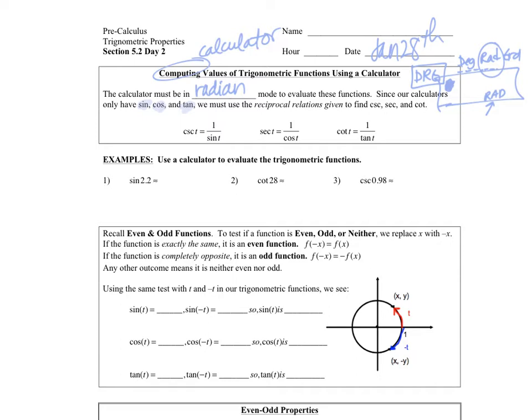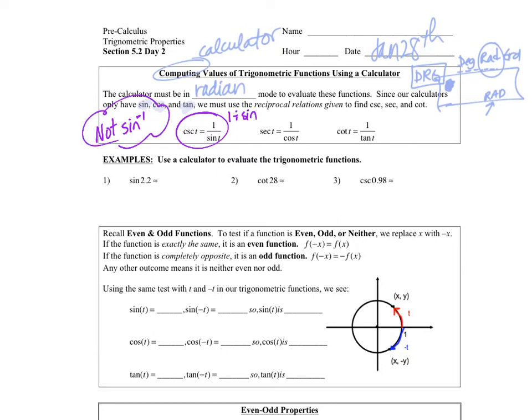So if I want the cosecant, which is the reciprocal of sine, I literally have to put into my calculator 1 divided by the sine of whatever number I'm going to put in there. Really, really important that you know it is not the part on your calculator that says sine to the -1. That's the arc sine. That's totally different. Okay, so that's an important thing for you to know.